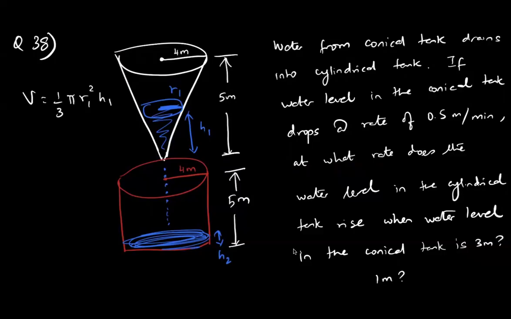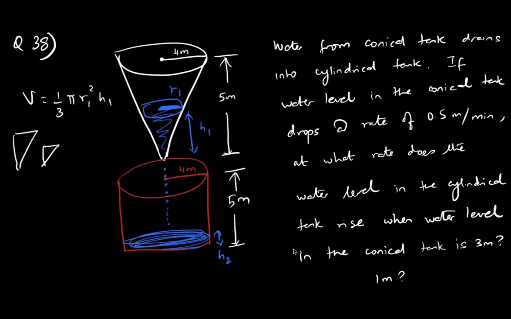Now I'm going to do the same thing that I did in the previous problem to find the rate at which the volume is changing for the conical tank. Again, I'm going to use the similar triangle concept.